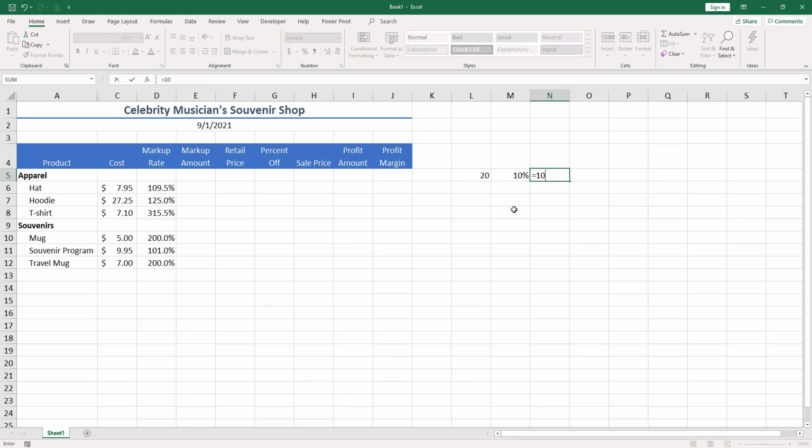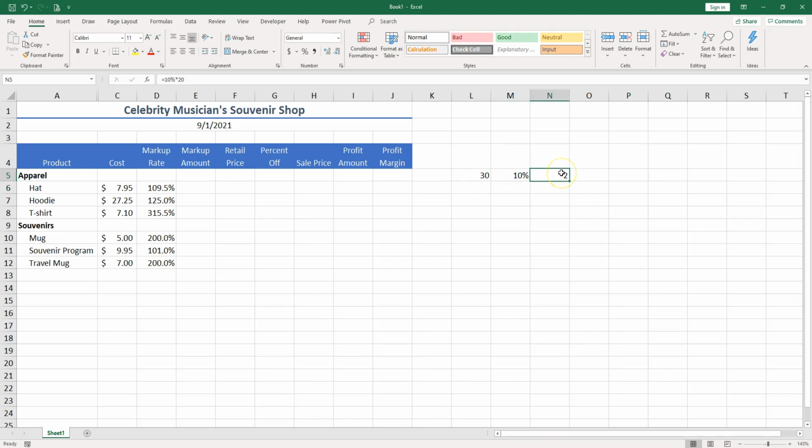We can type 10% and we need times that by 20. Okay, and we got the number. Now Excel is so good in doing the calculations that we don't really have to type the numbers. Say I want to now have 30 and I want to see what's 10% of 30, and this number does not change here.